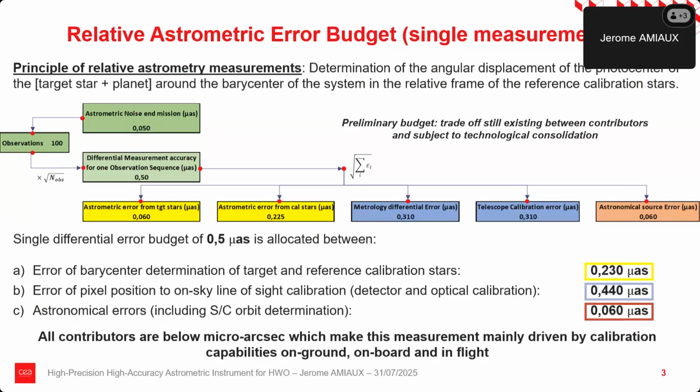And the blue part is really the bulk part of the allocation, is once we have the barycenters in pixel space, how do we bring it back onto the sky in angular measurements so that we have the astrometric signal. So we can see that all those values are below microarcsecond. So we are obviously talking about a calibration mission. None of those performance can be reached for hardware only.